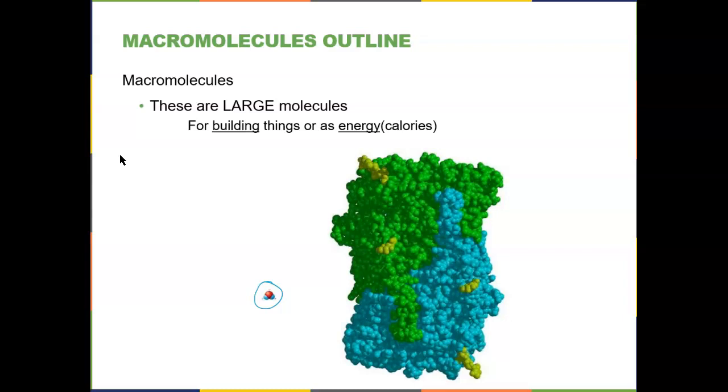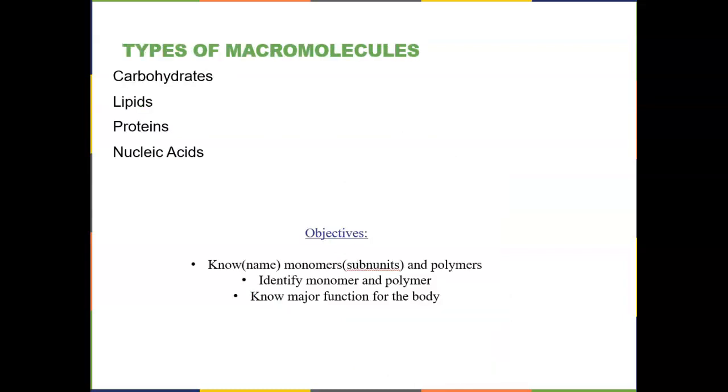So if that is a water molecule, this is a protein. It would be a relatively small protein. So you can see that the size scale is vastly different, with water molecules being much, much smaller than these big macromolecules. So this is what we mean by macro, just very large.